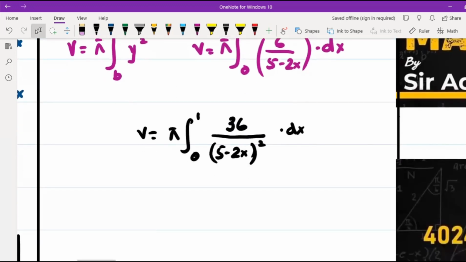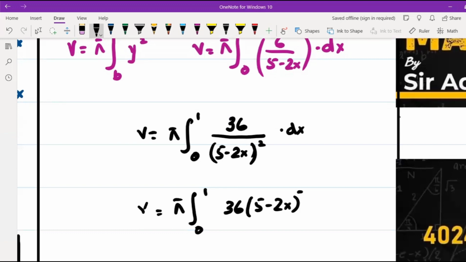When we need to integrate a whole square, we can take the bracket to the top in the numerator. That means 36 times (5 minus 2x) to the power negative 2 dx.